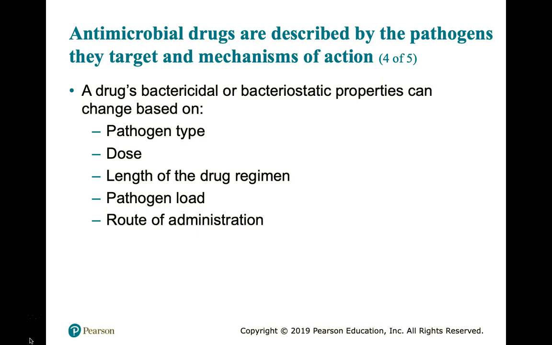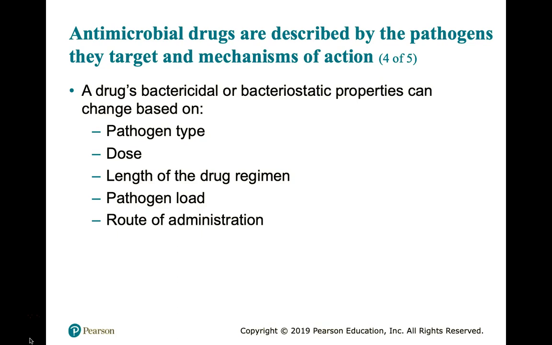However, since it is so pathogenic, it only needs those few cells. So the pathogen load may be low, but the organism is so pathogenic that it's still effective. Whereas E. coli 0157H7, it takes a lot of cells for them to cause an infection.